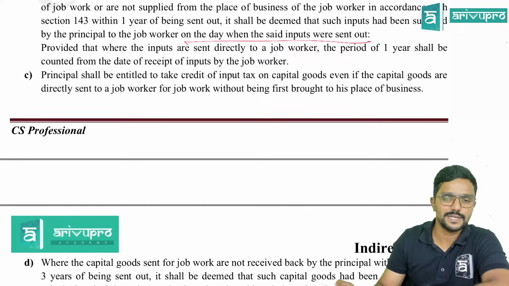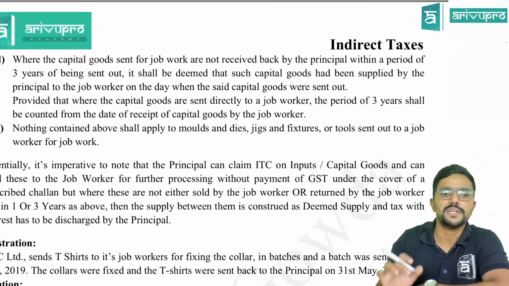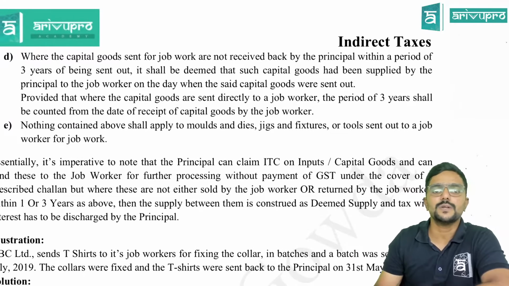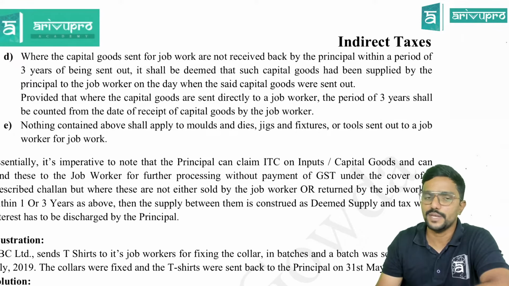Okay, even in that case credit can be claimed, but here the time limit applicable is 3 years. Where the capital goods sent for a job work are not received back by the principal within a period of 3 years of being sent out, it shall be deemed that such capital goods had been supplied by the principal to a job worker on the day when the said capital goods were sent out.